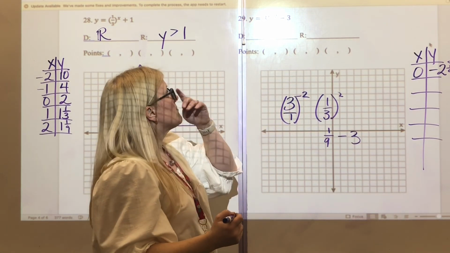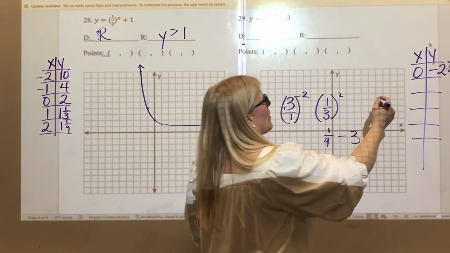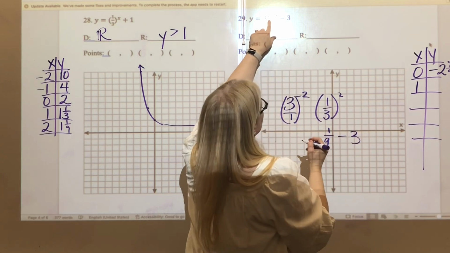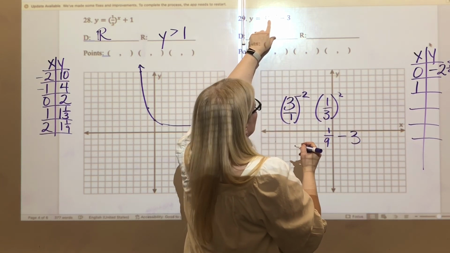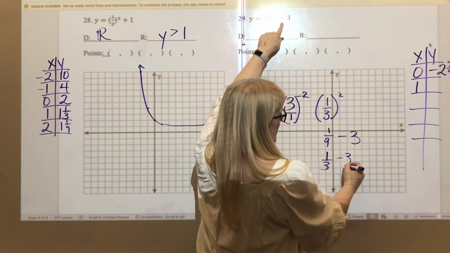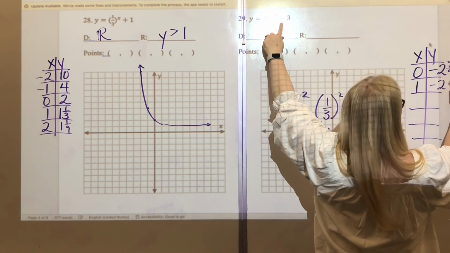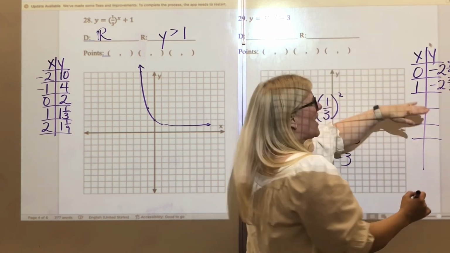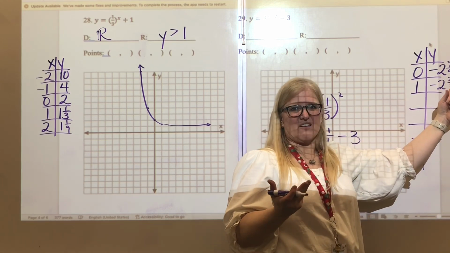All right, so let's go to 1. This is going to give me 3 to the negative 1, which is 1/3. 1/3 minus 3 is negative 2 and 2/3. So you can kind of see what line it's going to hug, right?